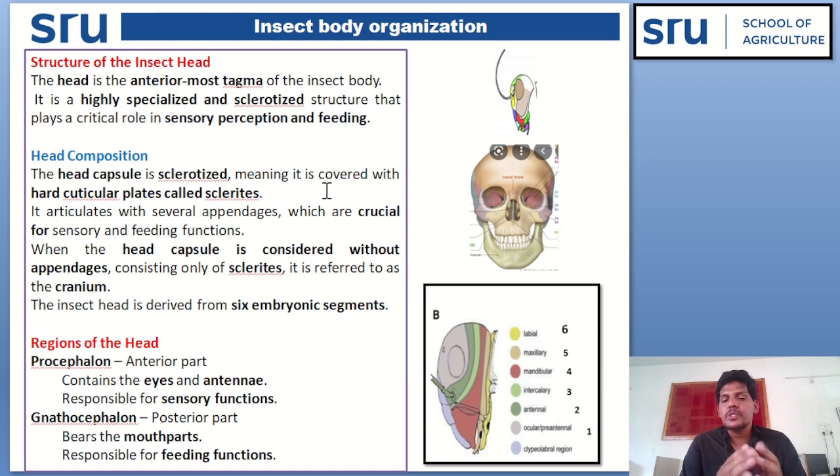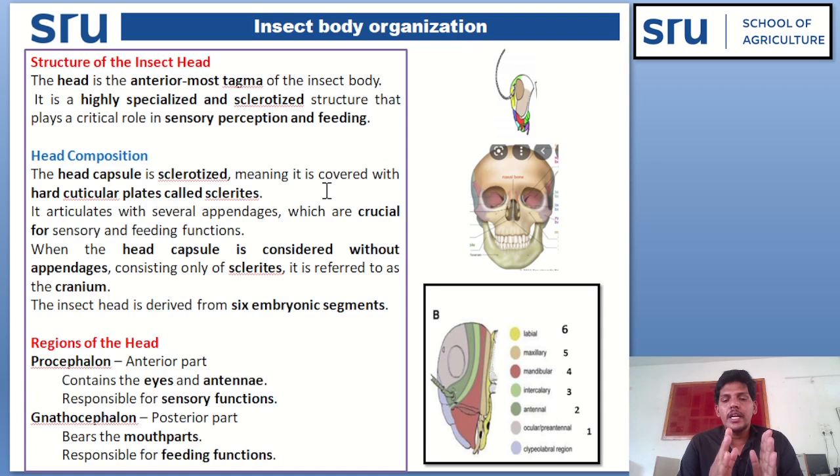When the head capsule is considered without appendages and contains only sclerites, it is referred to as cranium.